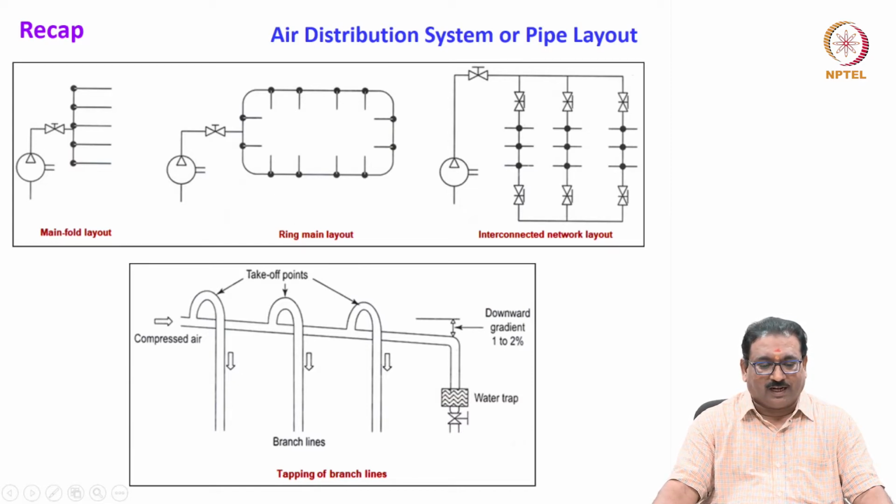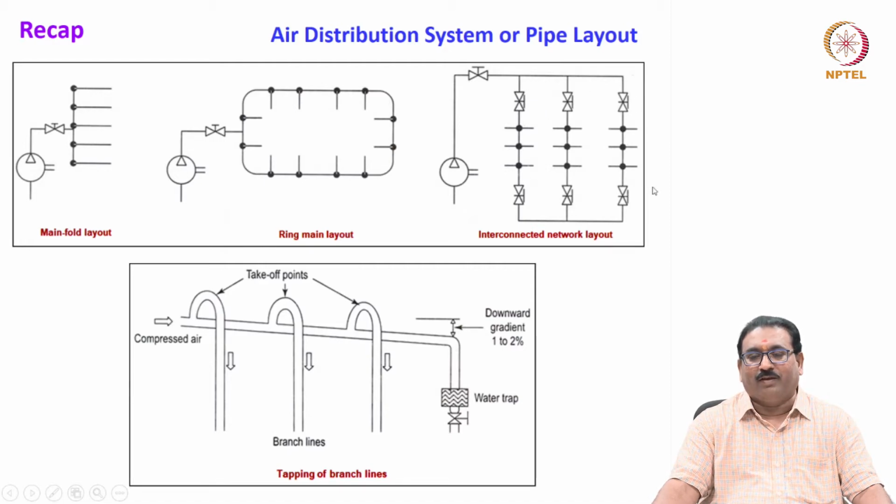We have seen in the last class the different types of piping layout. The main fold layout from the compressor distributes, and ring main layout, more popular, used in many industries. These are all the tapping points, tapping to the various machines and power tools to drive them. Here it is the interconnected network layout.